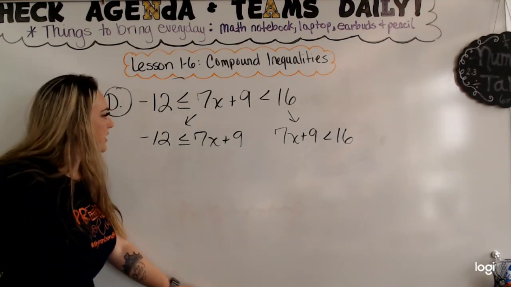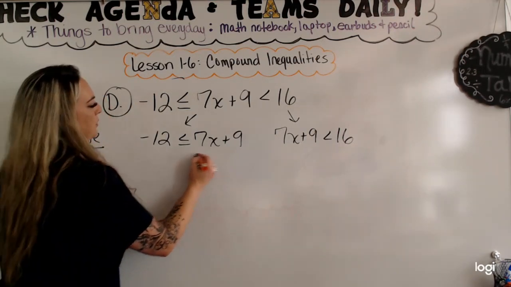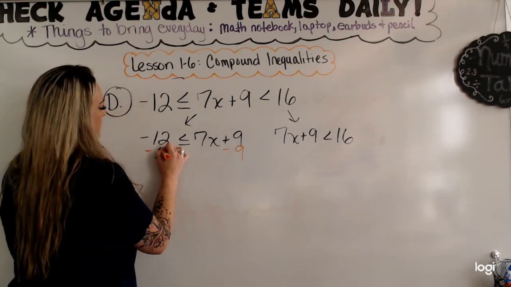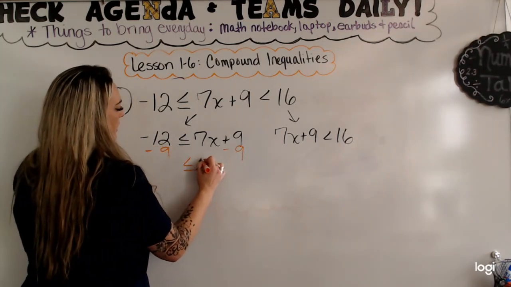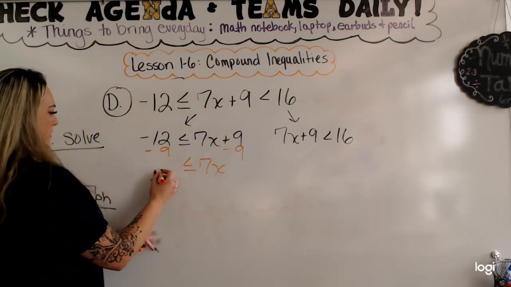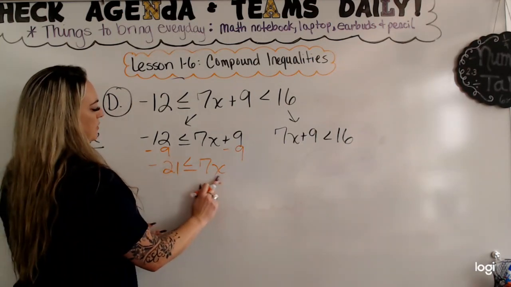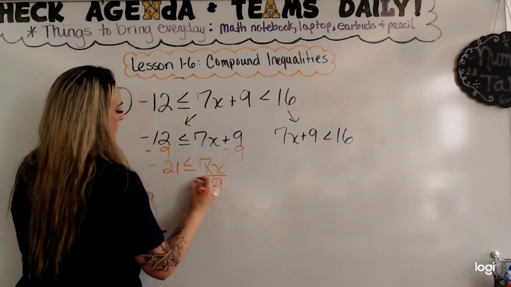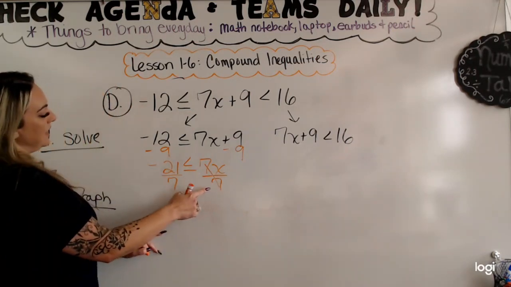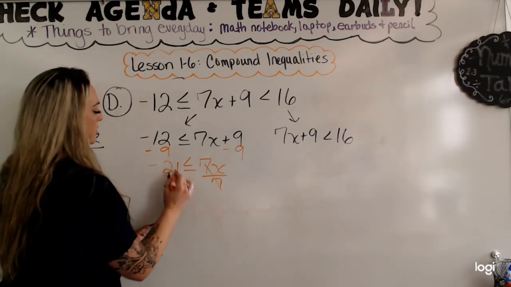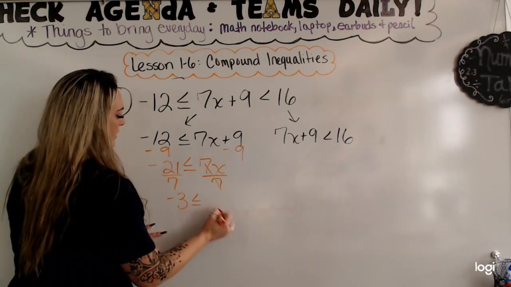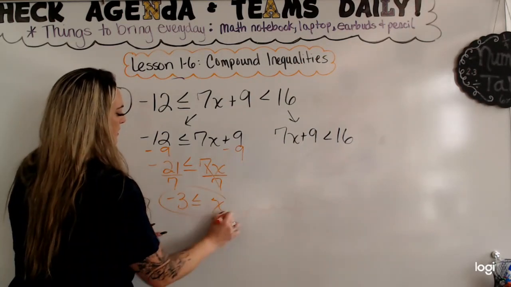So let's solve this. We're going to subtract 9 on both sides. And we get negative 21 is less than or equal to 7x. We're not dividing by a negative, so we don't need to flip the symbol. And we're going to get negative 3 is less than or equal to x.